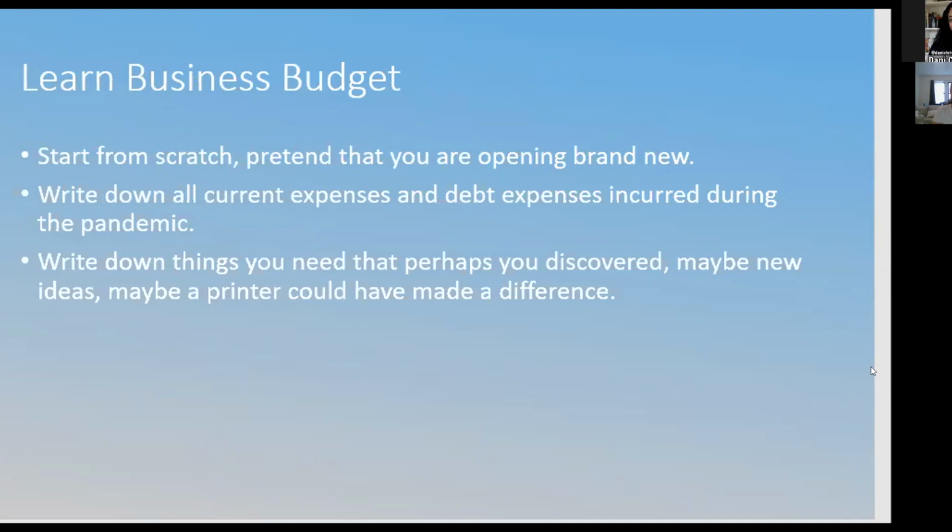So now, like I said, let's pretend that you're going to start brand new, because technically that's what we're going to do. You're going to pretend that you are opening up a brand new daycare, and you're going to write down what your fixed expenses are, what your variable expenses are, and the money that you are assuming, or at least the children that you know are guaranteed to come back, so that at least you know what money you can expect and what you can do to make extra money.